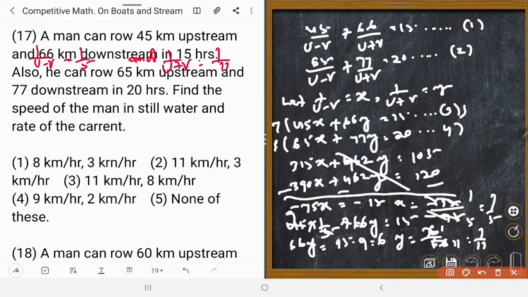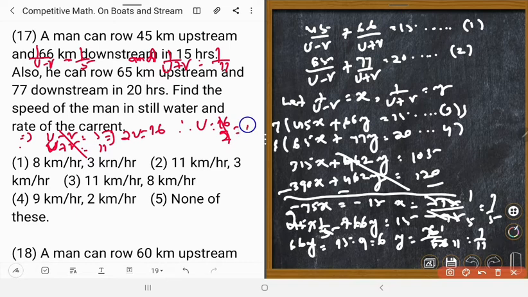That means u minus v is equal to 5 and u plus v is equal to 11. Could you understand? Adding, v is cancelled, 2u is equal to 16. Therefore, u is equal to 16 by 2 is equal to 8 km per hour.